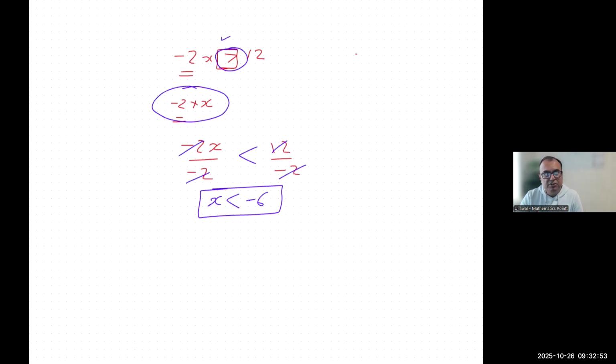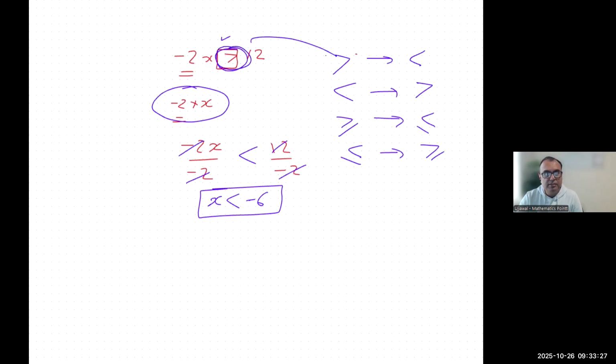When you say change the sign, it means less than becomes greater than, greater than becomes less than, less than or equal to becomes greater than or equal to, and greater than or equal to becomes less than or equal to. In our question here, we had this, and it has become this, you see.